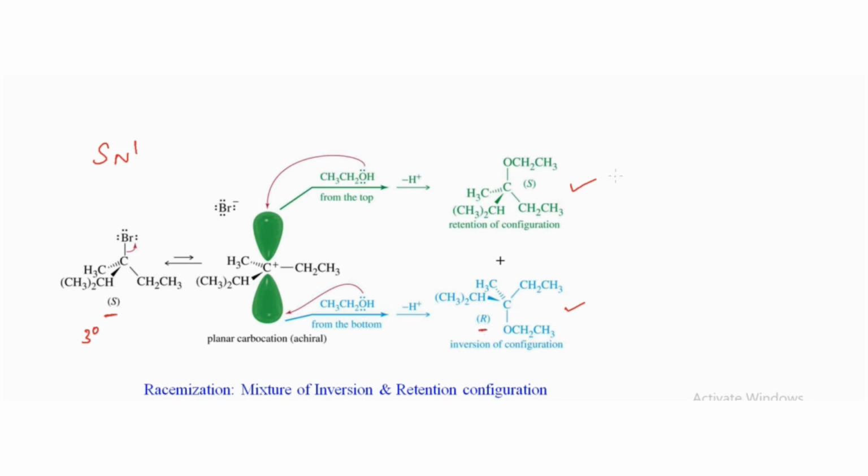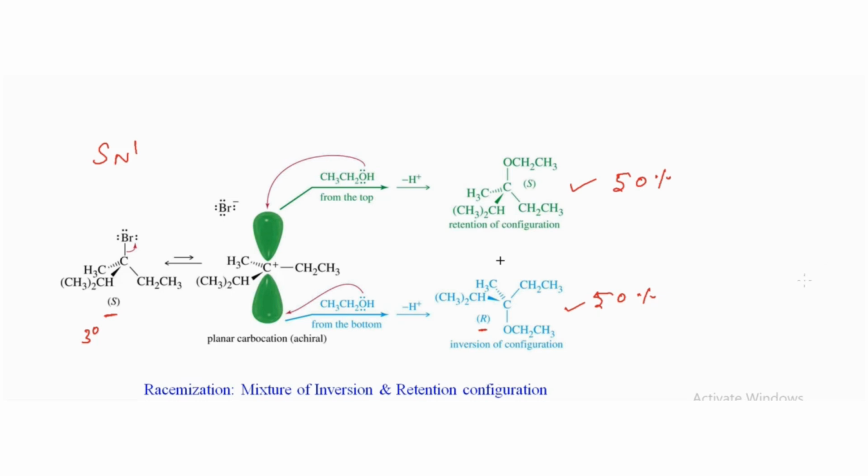So the possibilities are, this will form 50% and this will form 50%. This has the S configuration and this has the R configuration. That means both will have opposite optical rotation, in an equal mixture.